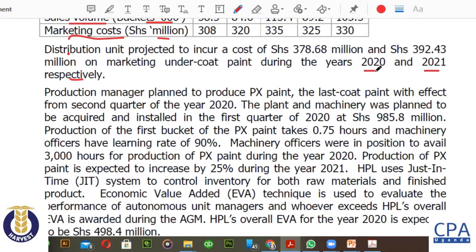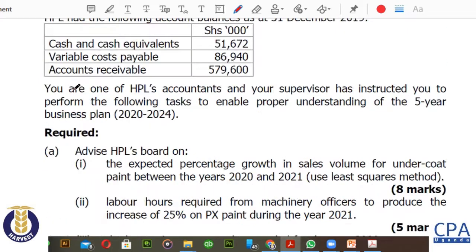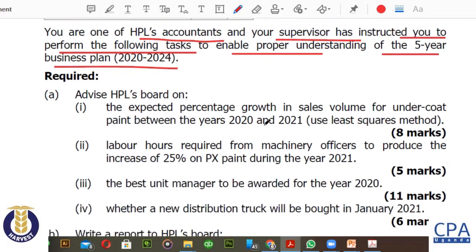So these are the projected marketing costs. You are one of the company's accountants, and your supervisor has instructed you to perform the following tasks to enable proper understanding of the 5-year business plan.